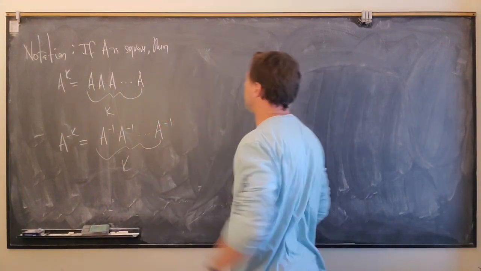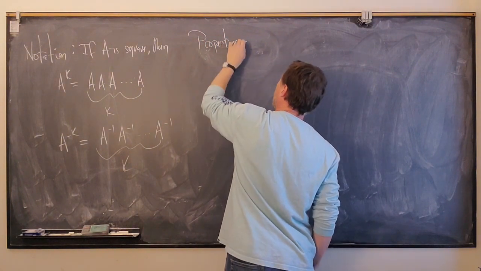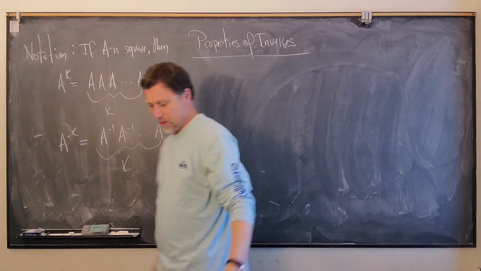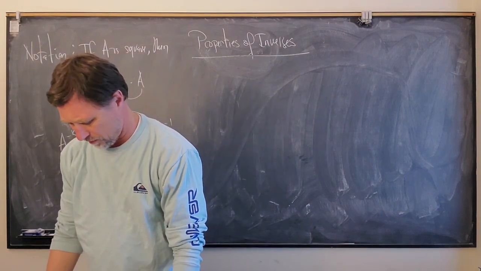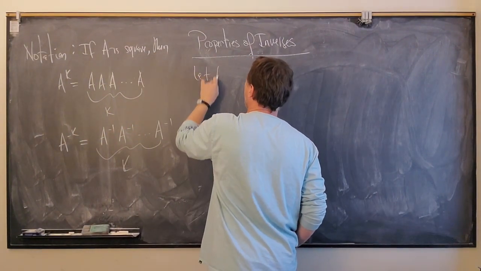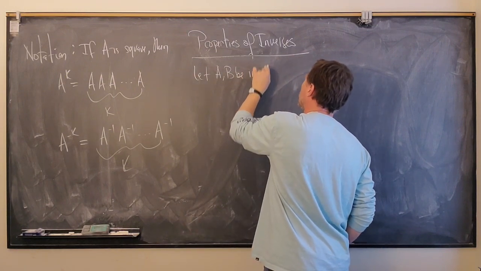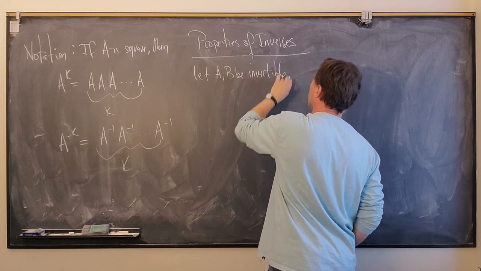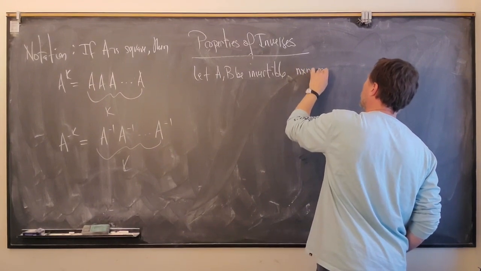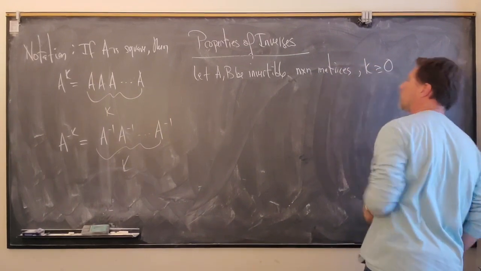We're going to end with a couple of facts here. So first, I'd like to collect some properties of inverses. All of these are fairly, I'd say, self-explanatory or obvious. So let's let A and B be invertible n by n matrices, and I need some constants, let's say k, greater than or equal to 0.